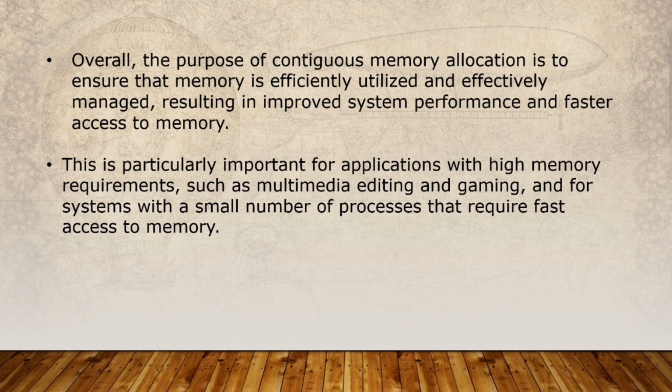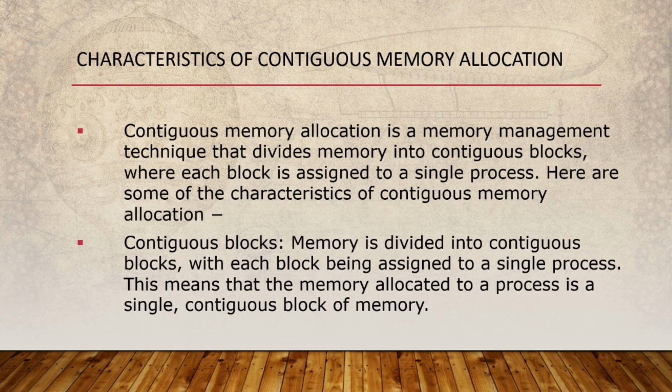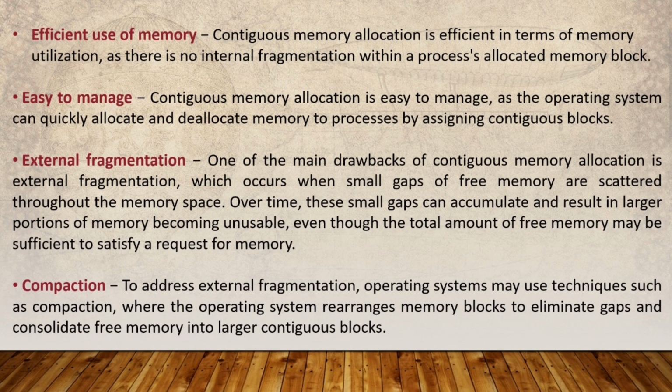Now let's look at the characteristics of contiguous memory. There are four characteristics: efficient use of memory, easy to manage, external fragmentation, and compaction. Let's look at efficient use of memory. Contiguous memory allocation is efficient in terms of memory utilization, as there is no internal fragmentation within a process's allocated memory block.